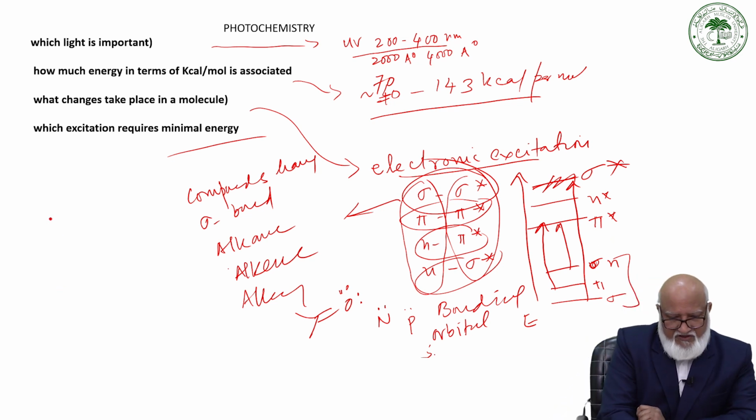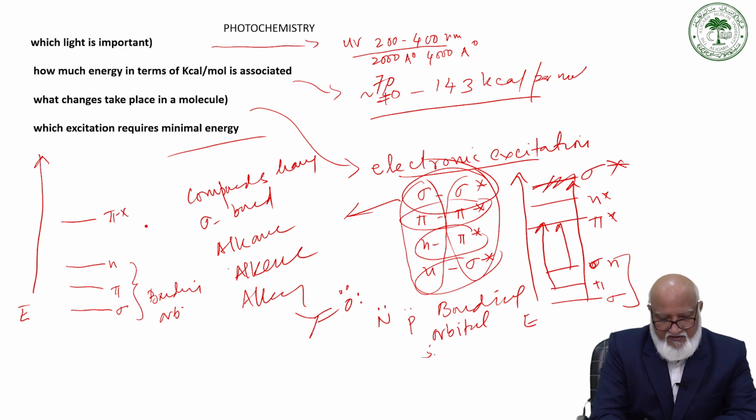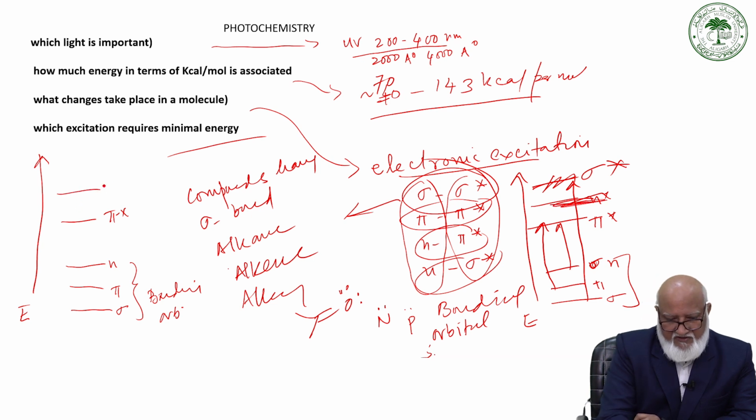If you see here, I'll just draw it for a second, because this is energy: this is sigma, this is pi, and this is n. These are electron occupied bonding orbitals. And then we have a pi star and a sigma star.